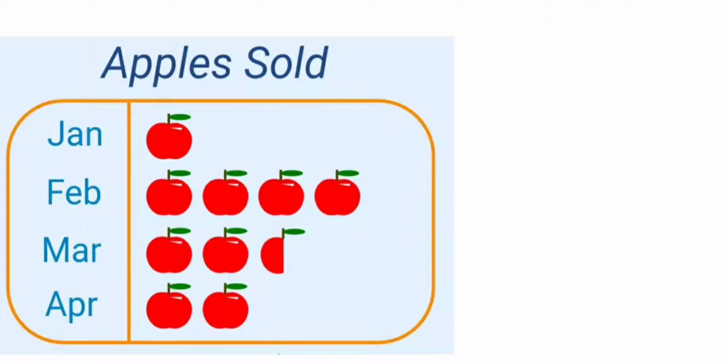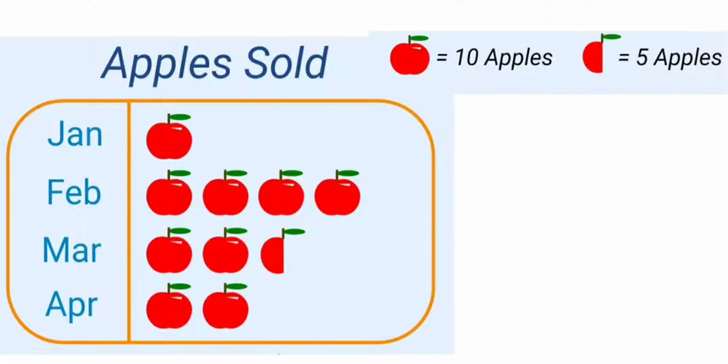So here the 4 months are there, and on the right-hand side the number of apples is represented. One picture of 1 apple represents 10 apples, and a picture of half an apple represents 5 apples.